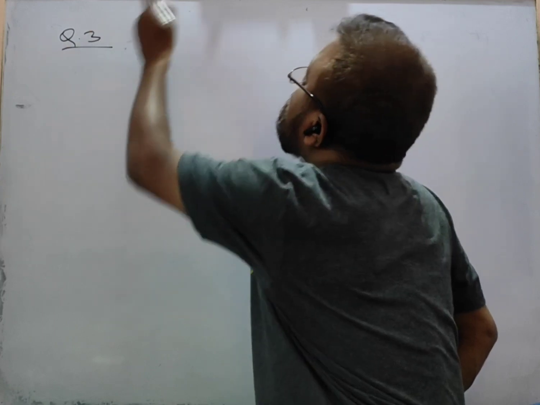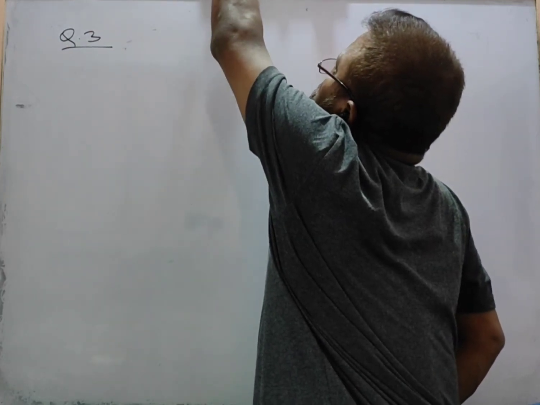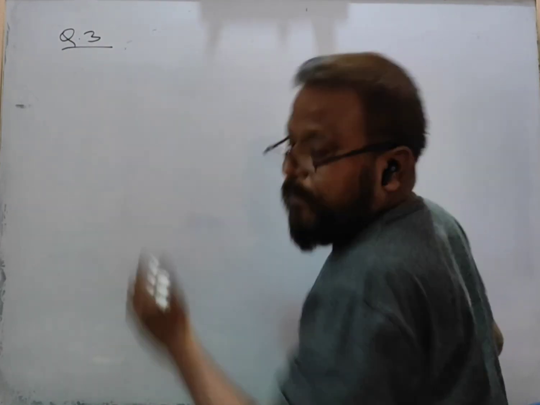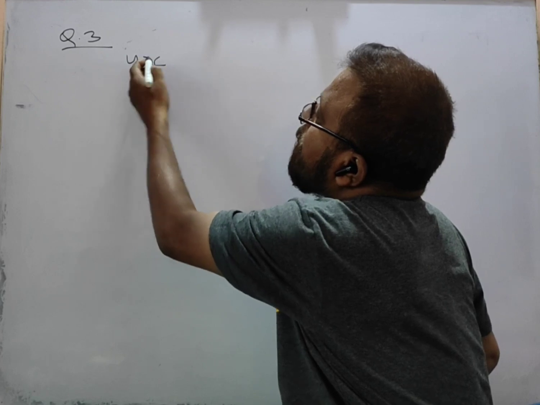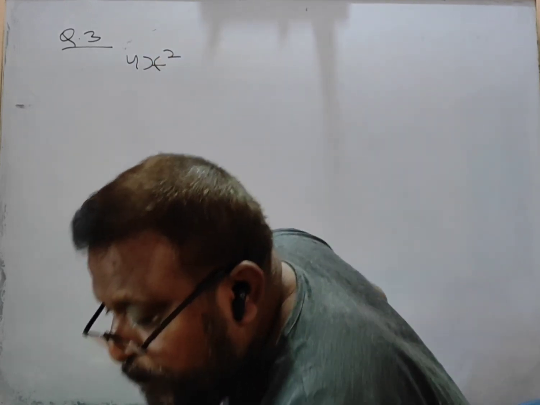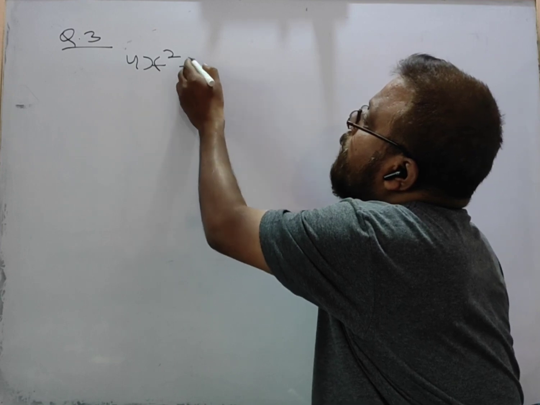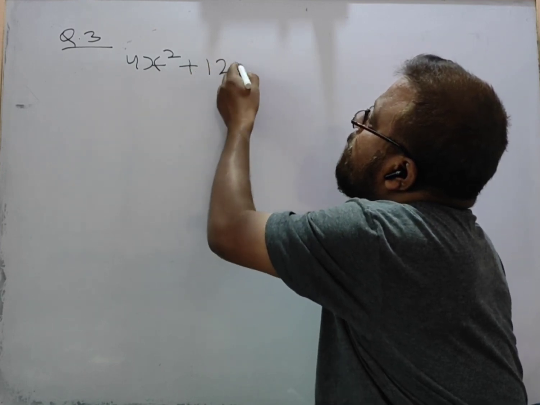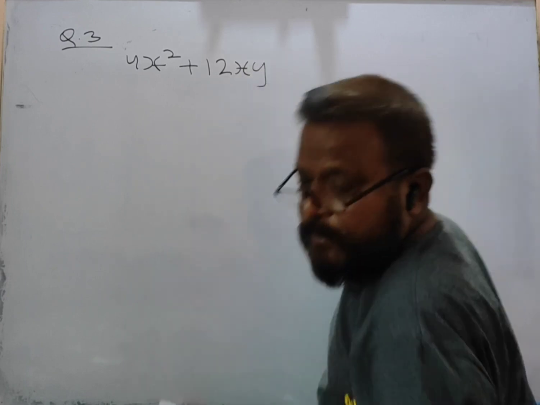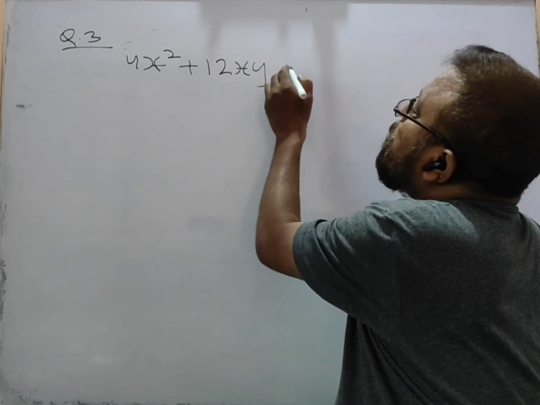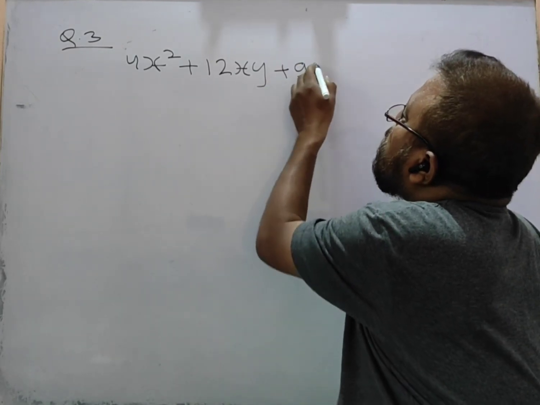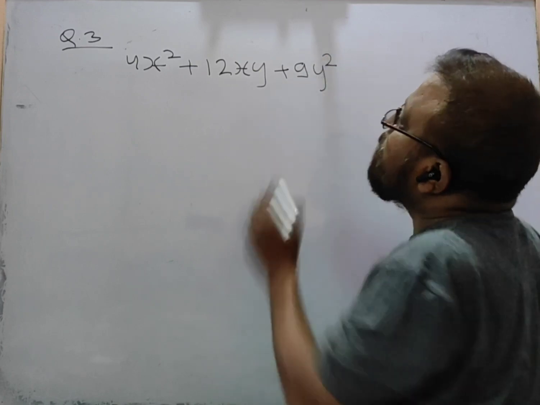Question number three is like this: 4x squared plus 12xy plus 9y squared. Your question is like this, right?